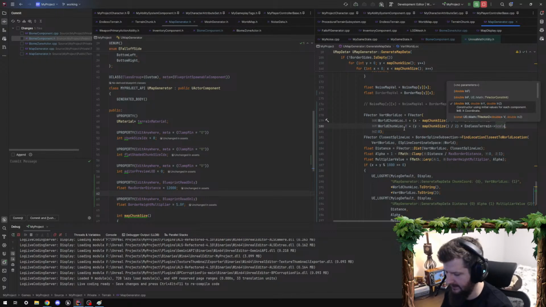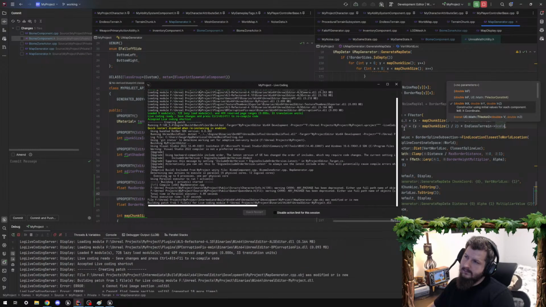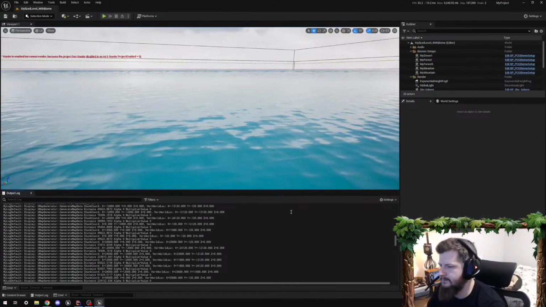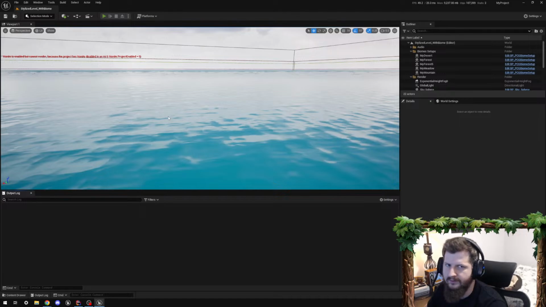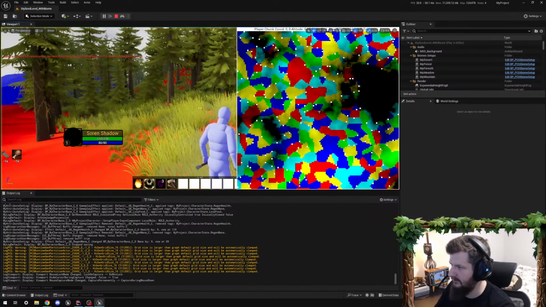Yeah, that needed to happen as well. Okay, so... let's see what this does now. It might still be completely flat. The distance, it's not completely flat. Okay, that's somewhat good, right?